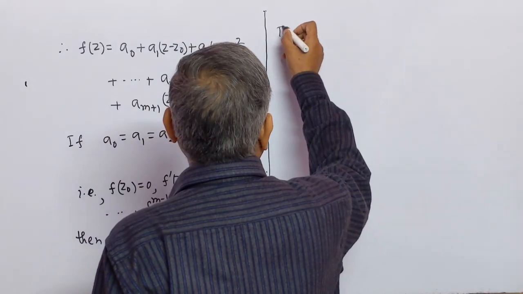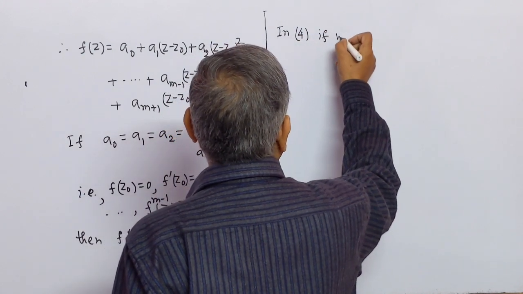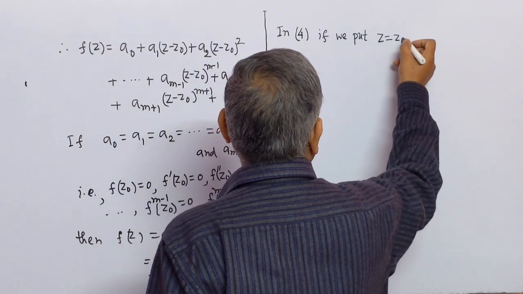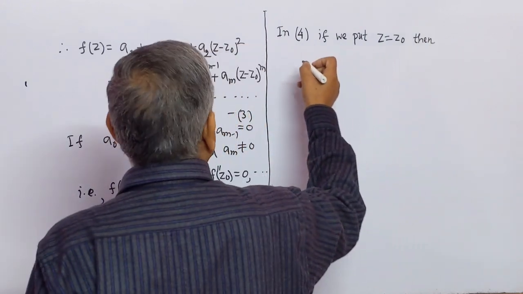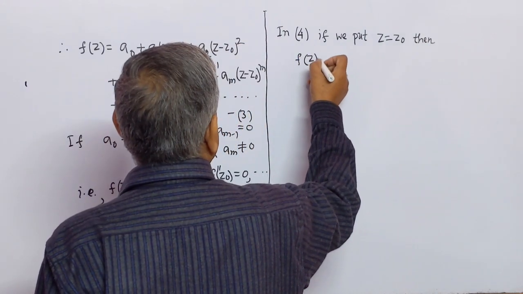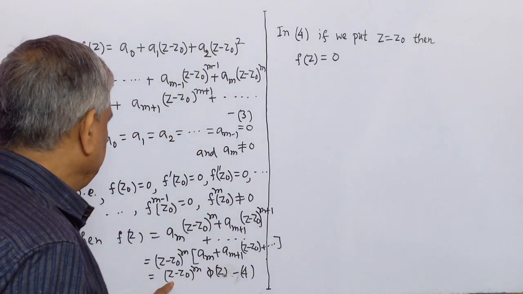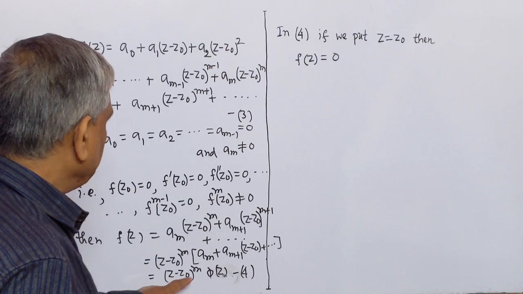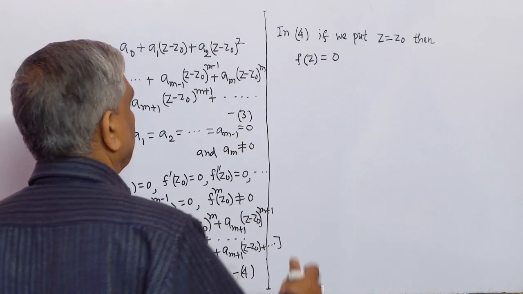In 4, if we put z equal to z naught, then function of z equal to 0. Here, if we put z equal to z naught, (z minus z naught) to the power m, 0 to the power m, is 0, so the right side is 0.